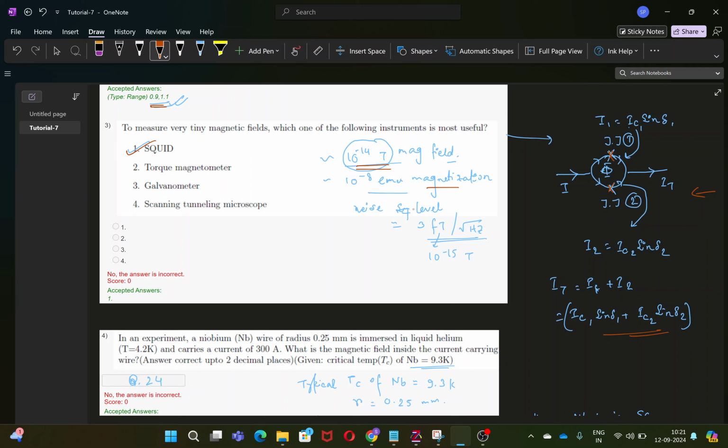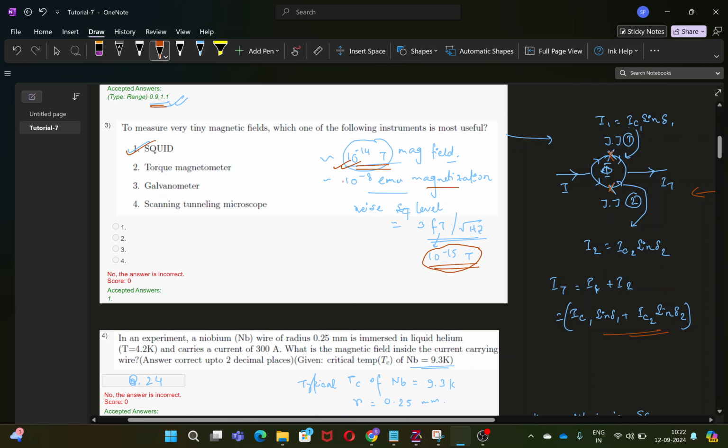And the noise level is so small, almost 3 femtotesla per root hertz. So basically it means that 10 femtotesla is 10 to the power of minus 15 Tesla. That means the noise level for the magnetic field detection is 10 to the power minus 15 Tesla for the SQUID. That means you can safely and accurately detect the magnetic field without any noise up to 10 to the power of minus 14 Tesla.